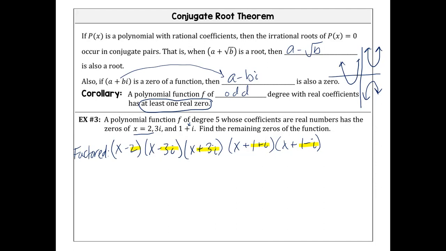Only the second operation changes. If I had negative 1 plus i, its factor would be x minus 1 plus i, and the other one will be x minus 1 minus i.